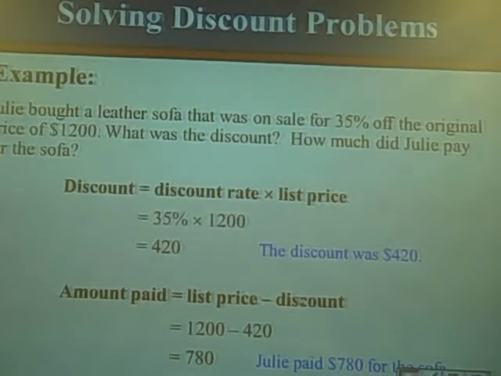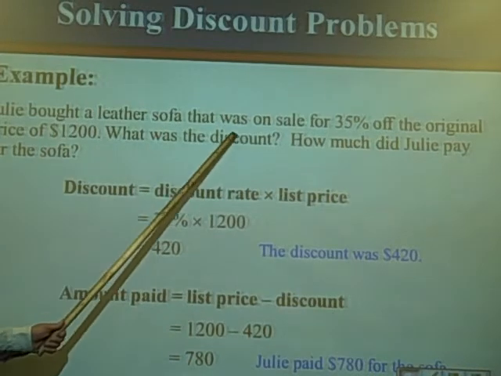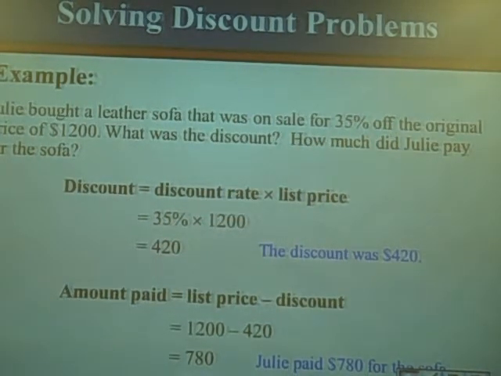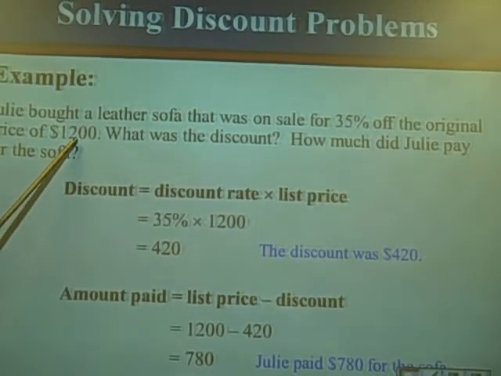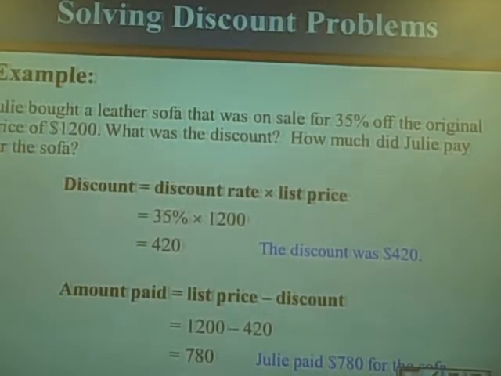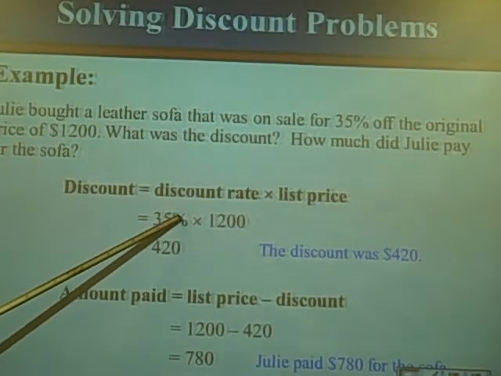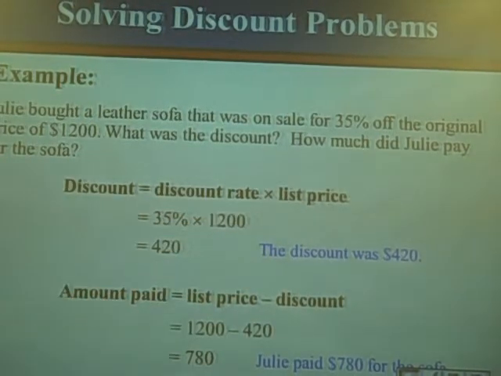Okay, solving a discount problem. Julie bought a leather sofa that was on sale for 35% off the original price of $1,200. What was the discount? Discount equals the discount rate times list price. Some of you probably can figure this one out in your head.